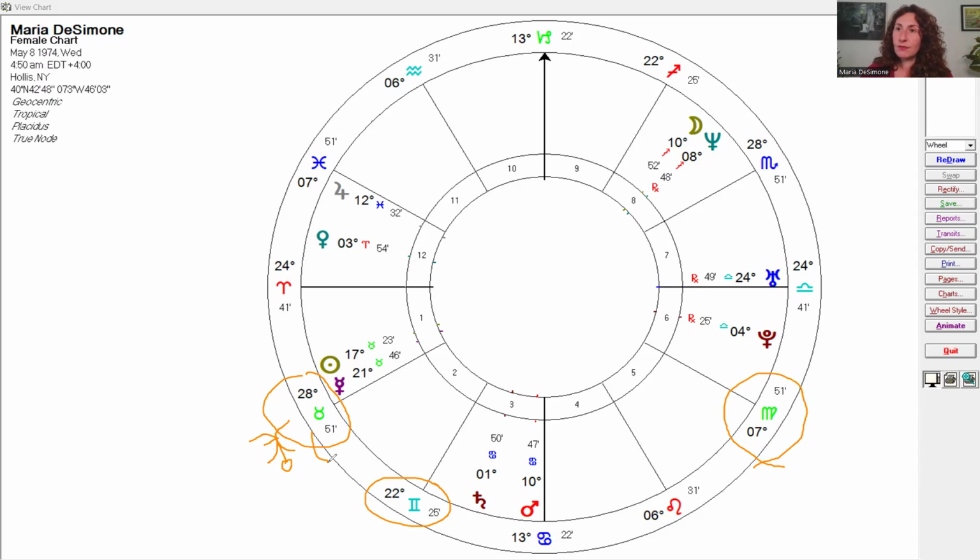And you're going to use an orb of influence of a degree and change, maybe 2 degrees, because remember, birth time can be variable. It is very possible that I was born a couple of minutes earlier or a couple of minutes later, to be fair.